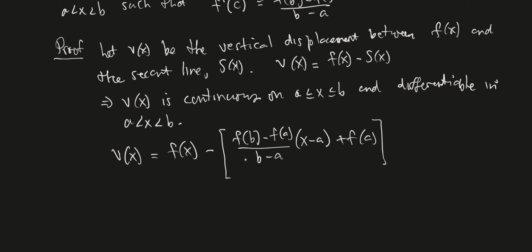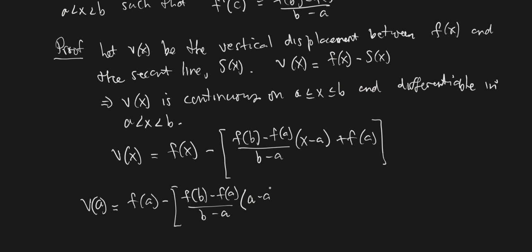Now, what's interesting is if I evaluate this function at the endpoints. Let's take v of a. We would have f of a minus, in square brackets, all of this, which is my slope of the secant, times, in parentheses, a minus a, because wherever there's an x, I'm simply plugging in a, and then plus f of a.